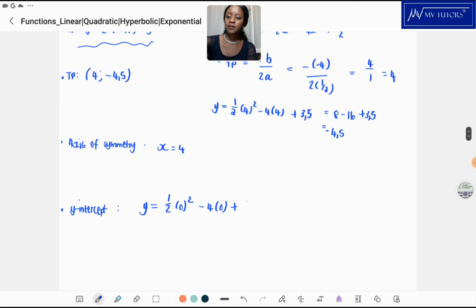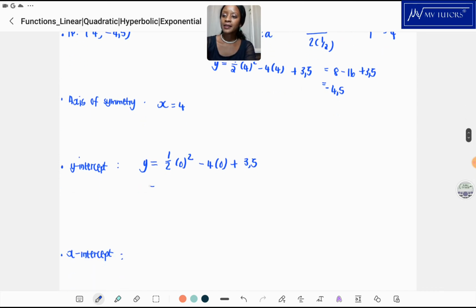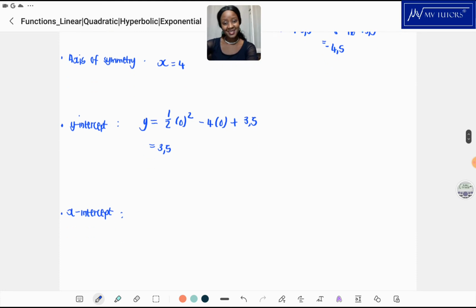Plus 3.5. And therefore our y-intercept will be 3.5. So if I were to put the coordinate of the y-intercept, because ultimately you need to put in the coordinate, it's going to be 0 and 3.5. Okay, or you could have just written it in fraction form as it was given.